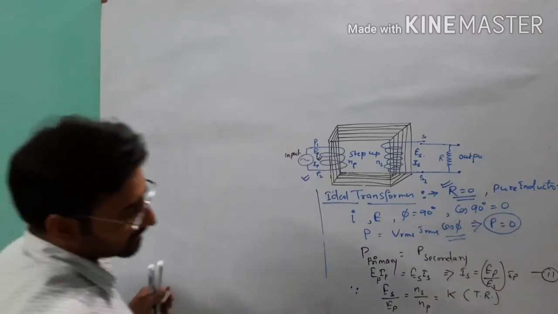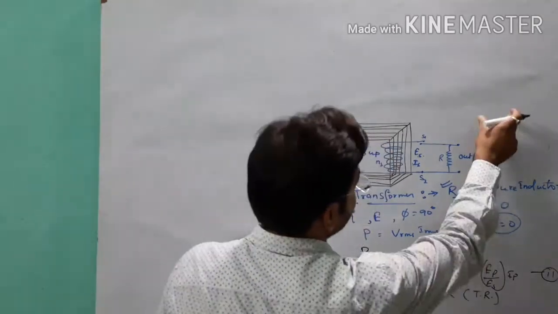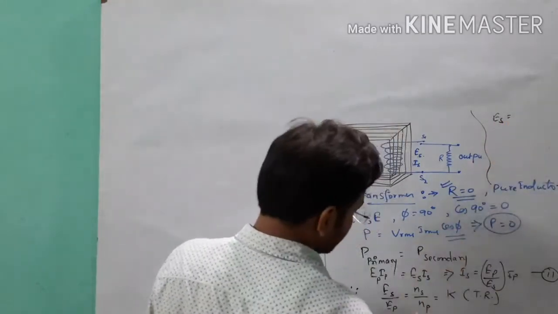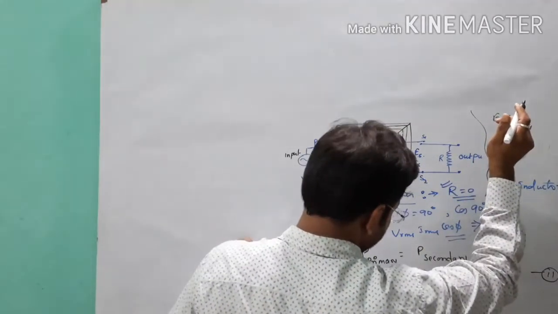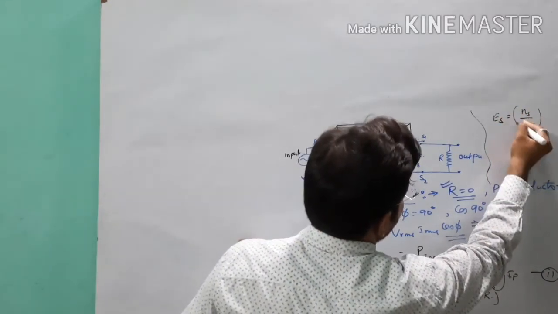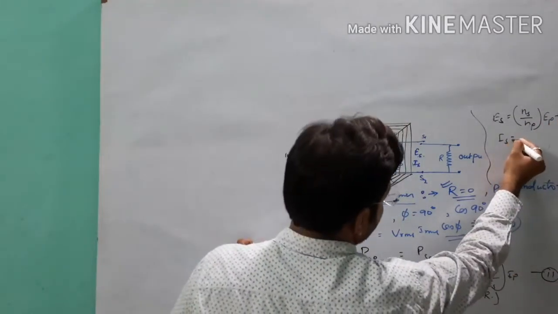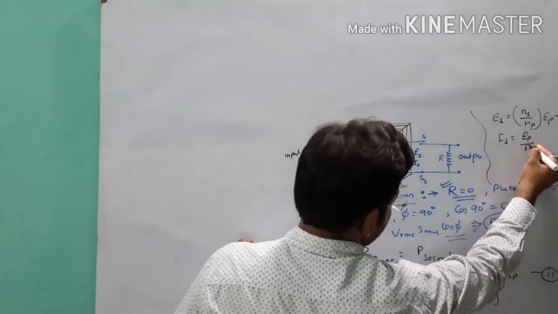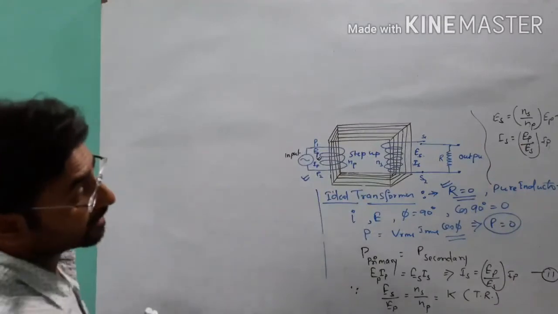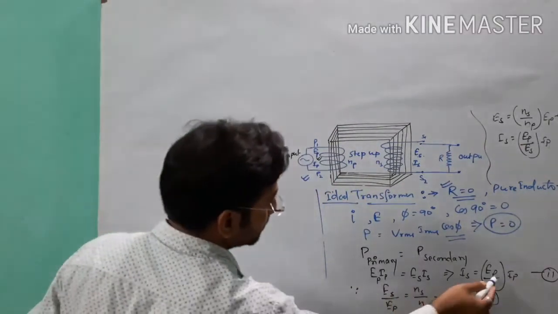Remember all the points students: ES is equal to NS over NP of EP. This is our equation number 1. This is our equation number 2: IS is equal to EP upon ES of IP. After adjusting these two equations, I will get the result.